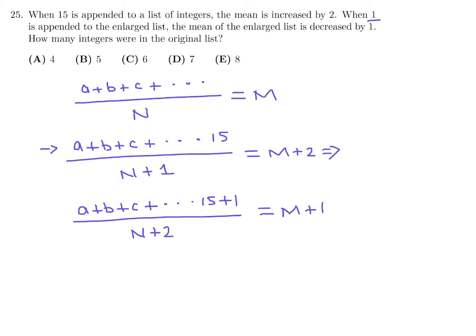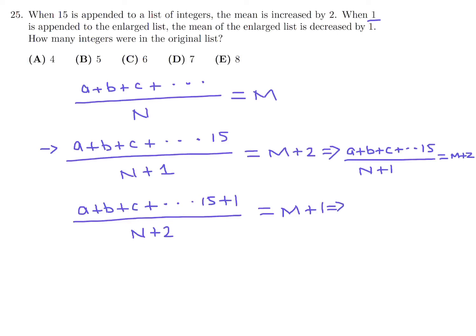So the first one becomes a plus b plus c dot dot dot plus 15 over n plus 1 is equal to m plus 2, right?